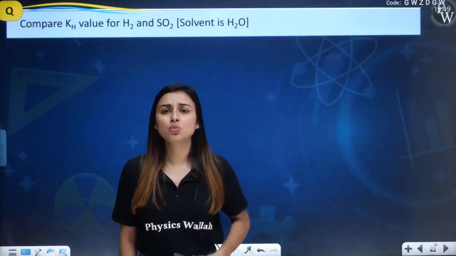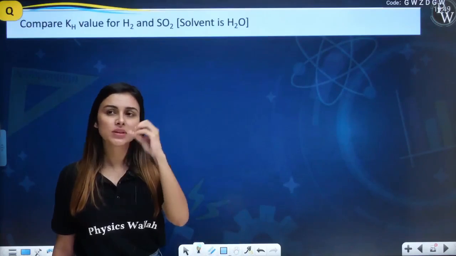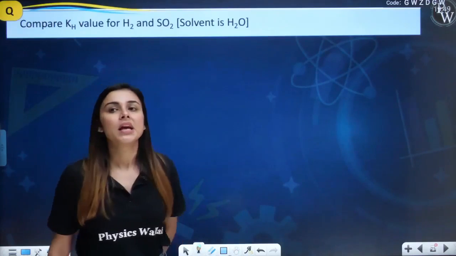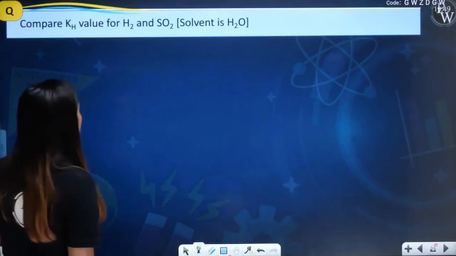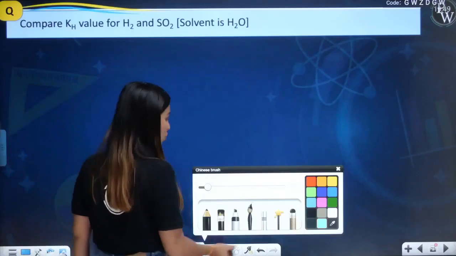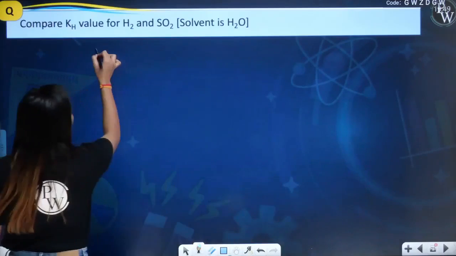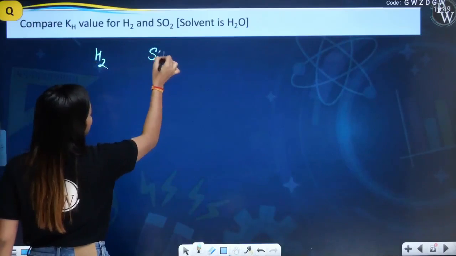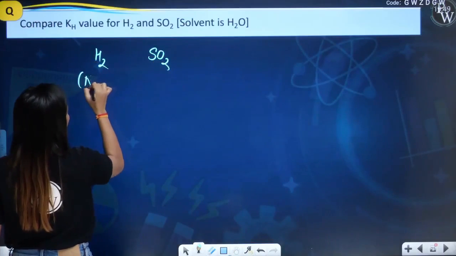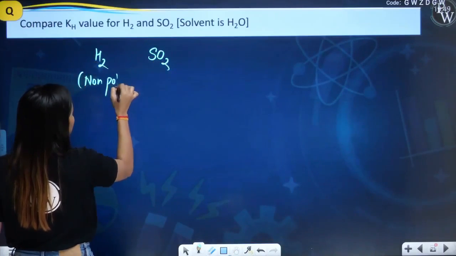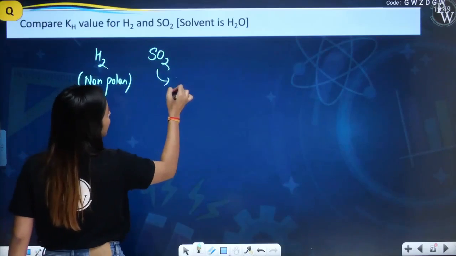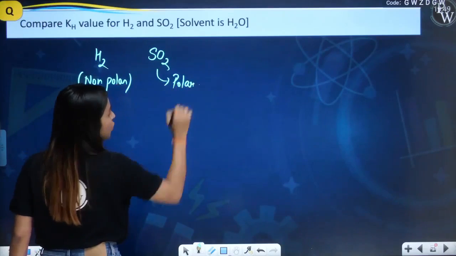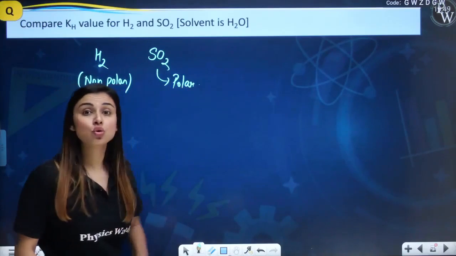So now, my dear students, here you have to just use a little of your concept. You have one gas H2 and you have one gas SO2, right? I know that H2 is non-polar and I know that SO2 is polar in nature.